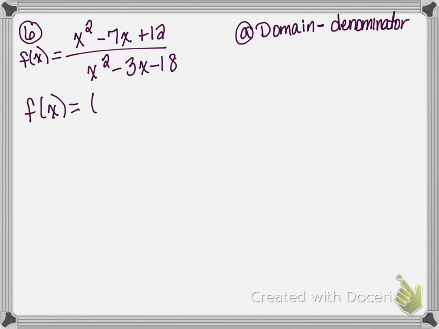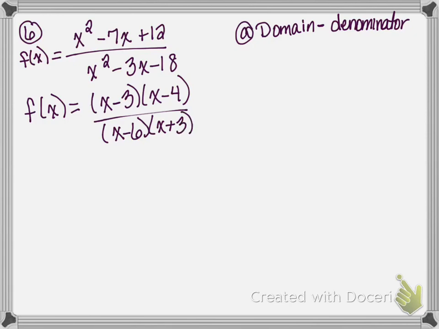My numerator factors to x minus 3 and x minus 4. And my denominator factors to x minus 6 and x plus 3. Okay? So to find my domain, I set my denominator equal to 0. I find what my x cannot be.